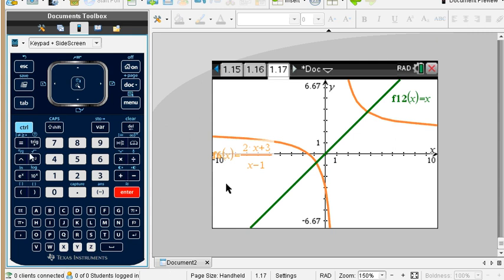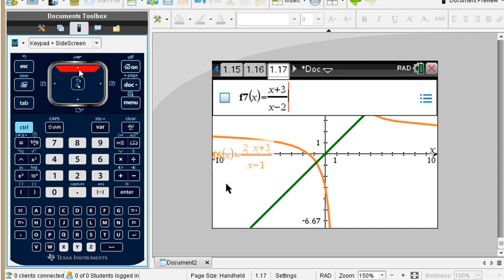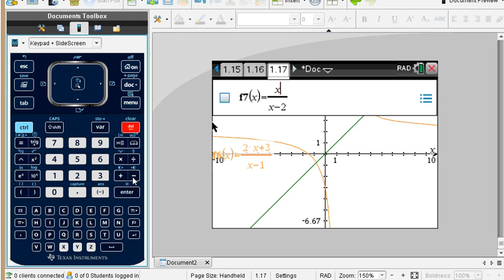To do that, I'm going to go ahead and add, go to tab, and I think we figured out that it was x minus 3 over x minus 2.